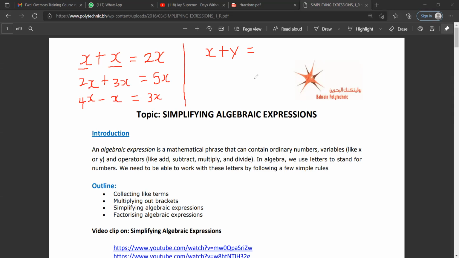So once they are not the same, it means that they cannot be added. It will remain the same, right? You can't do anything with it. So x plus y will remain as that. Understand? So once you see 2 like terms, know that they can be added or subtracted.